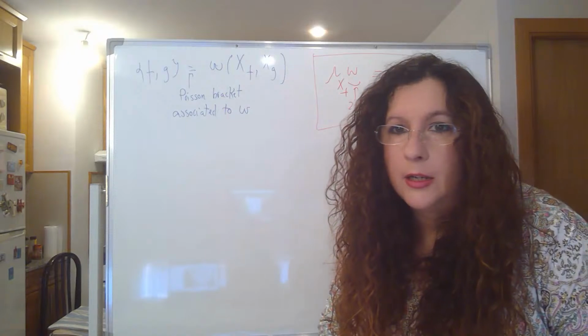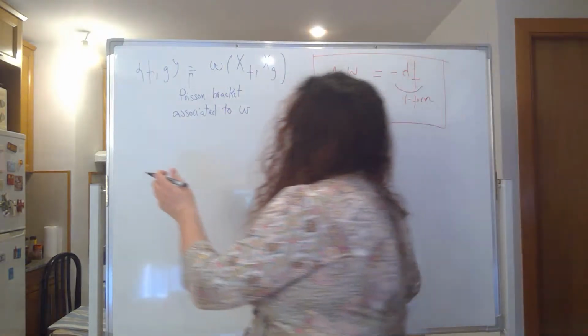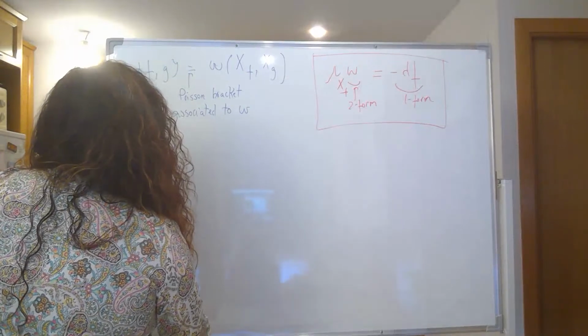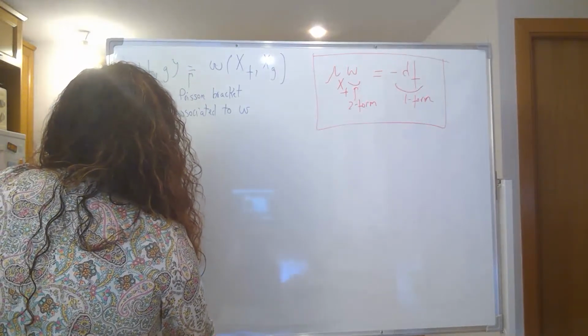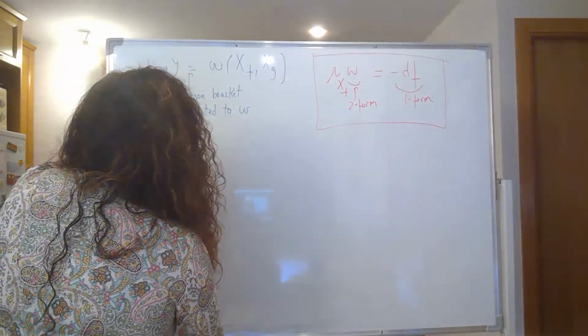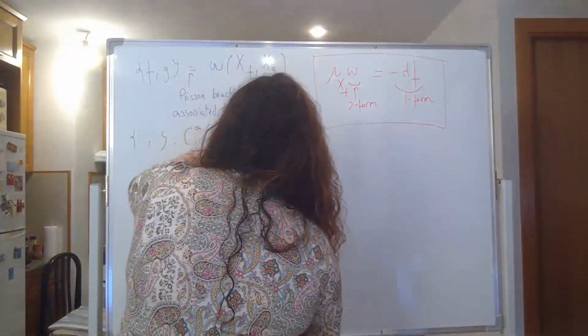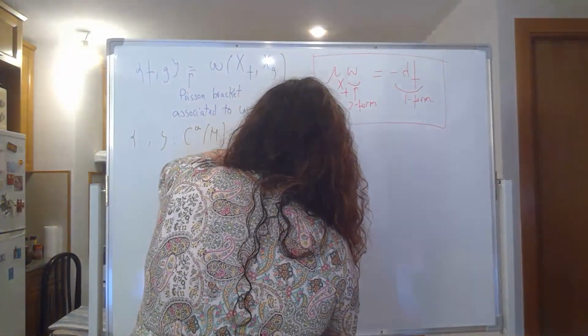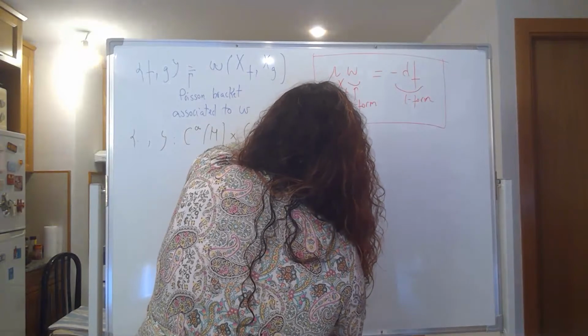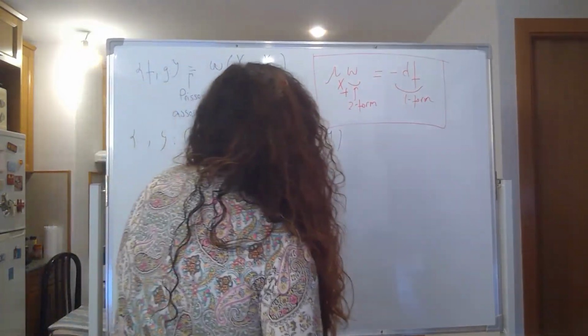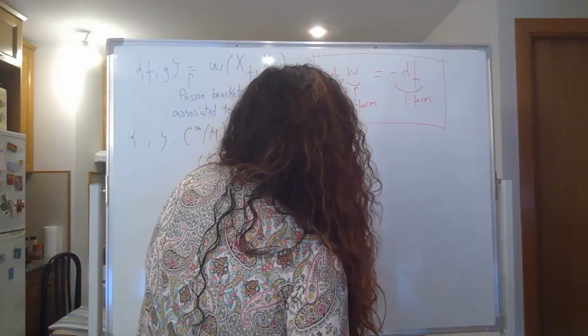So remember that this is something I left in my last video, that if I look at this, I can think of this as an assignment that assigns for a couple of functions just the bracket.